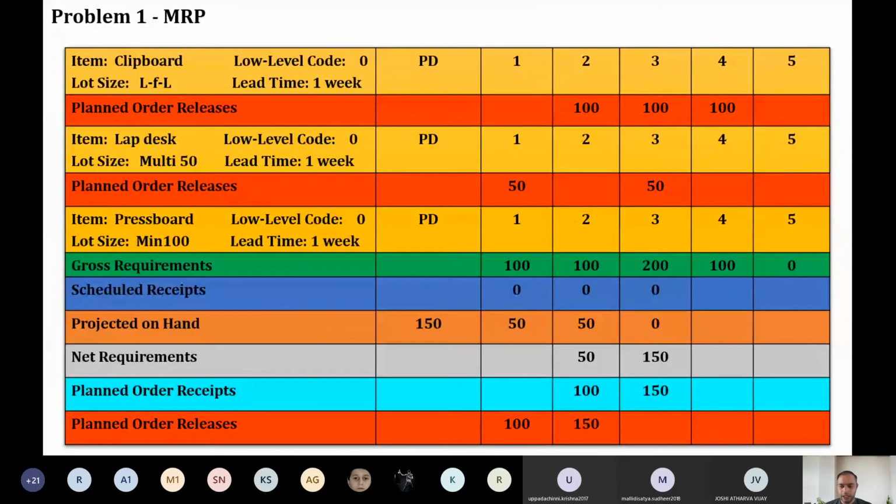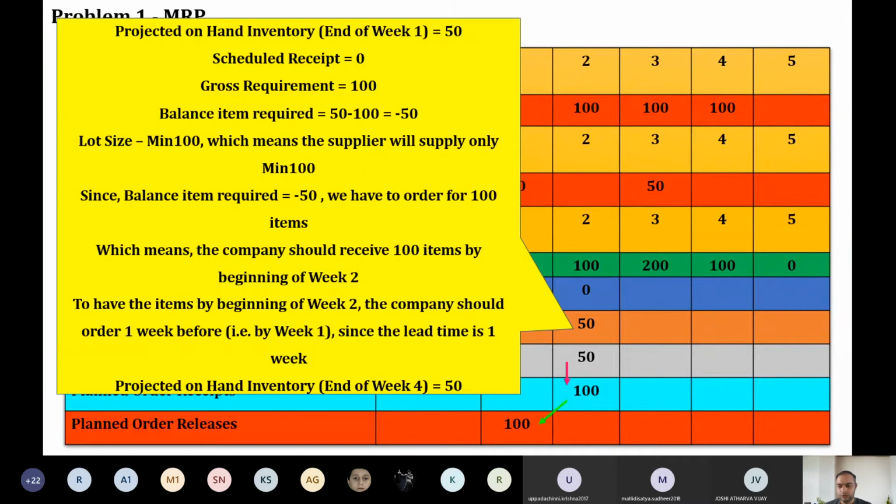Similarly, let us calculate for week 3. The scheduled receipt is 0, and the projected inventory is 50.